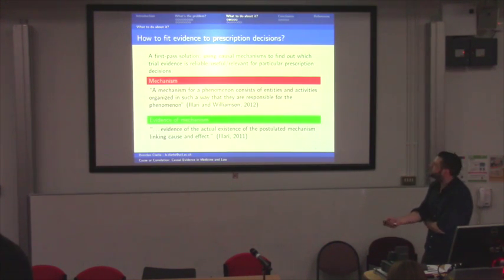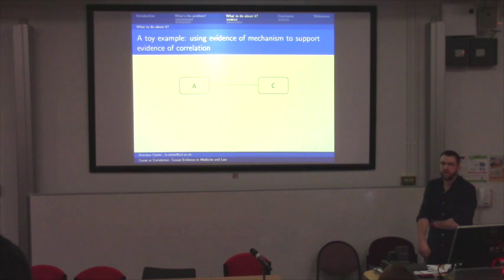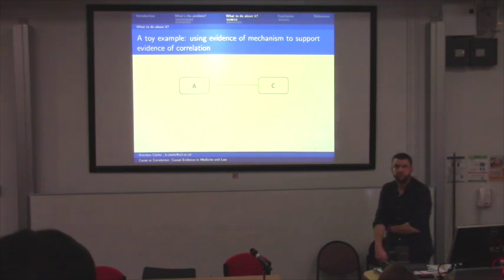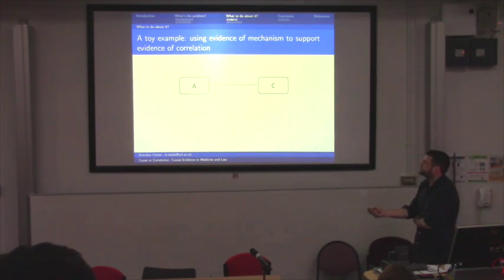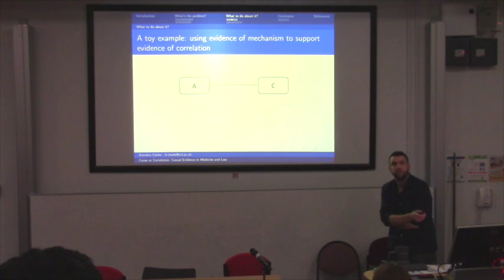Let me think about a toy example to introduce the idea of how this might work. Say we have some correlation, the kind of thing that we might produce from a trial. Some intervention, some drug, is correlated with some effect, some side effect, maybe.